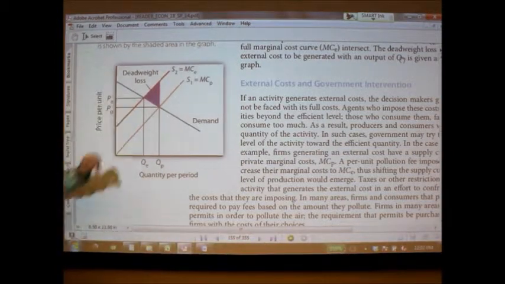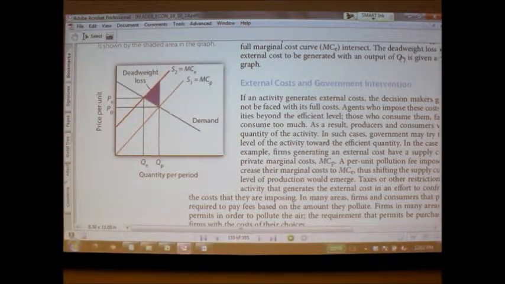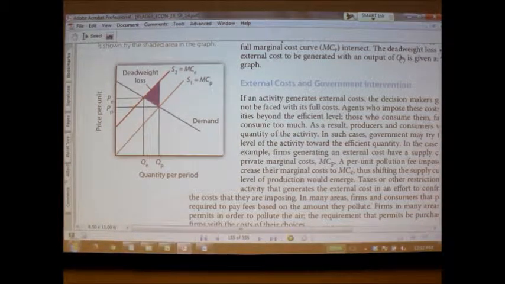And so if we don't take into account the social costs, then society will wind up here. But the true costs are here. So these are the total costs associated with that quantity. This area here, these are the total costs, and these are the total benefits.